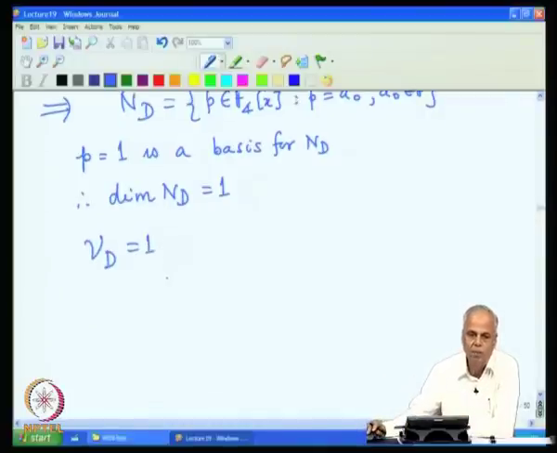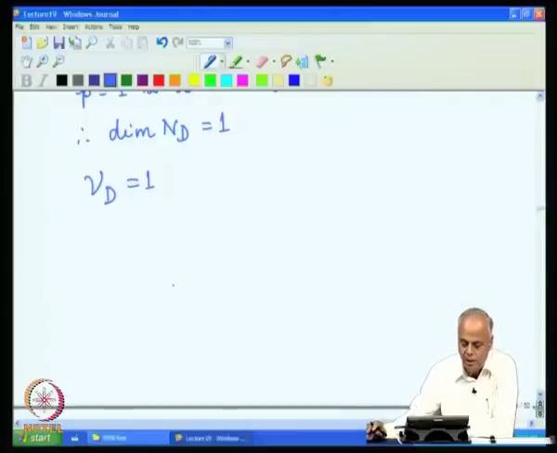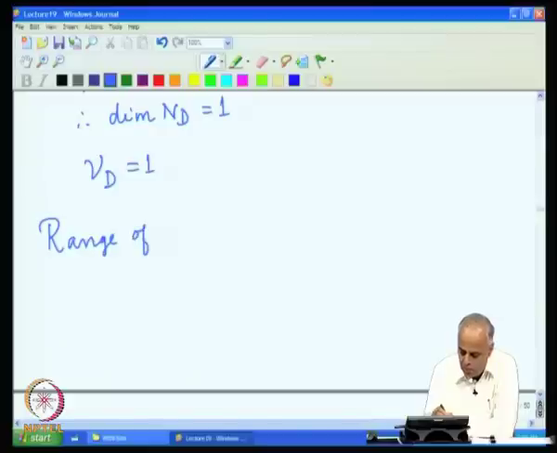So, thus we have found the null space of this differentiation operator on F_4[x] and the nullity. Now, let us look at the range of D.